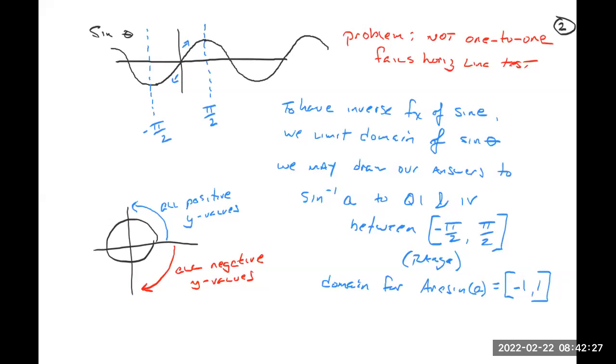So is it okay to move forward? So sine of theta, we're going to limit the domain to create one-to-one.